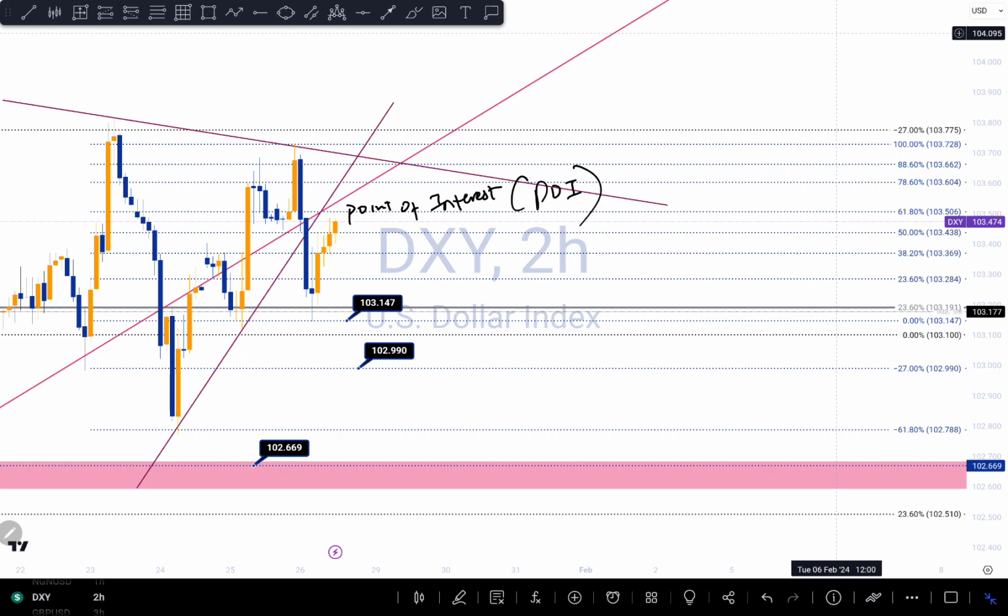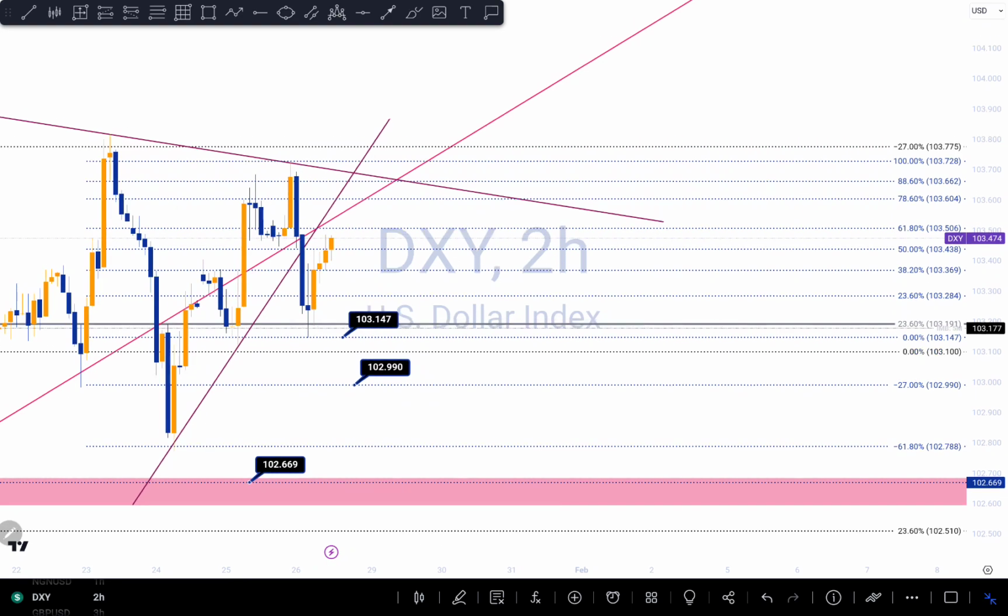But we know the market does what it wants to do, right? We can still push a little bit further. We can even push to my 88.6% fib level to touch the trend line. So that's a possibility. If I see more momentum of a buy when it gets to the 61.8% fib level, then this will be invalid.